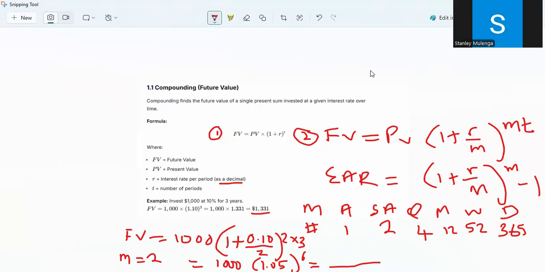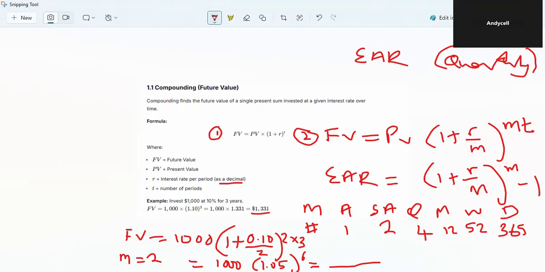Then further, the examiner might ask you to calculate the effective annual rate if compounded quarterly. What is our effective annual rate if compounded quarterly? Andy, how do we calculate the effective annual rate compounded quarterly? Quarterly, how many times? Yes, 4 times. Which formula are we using?